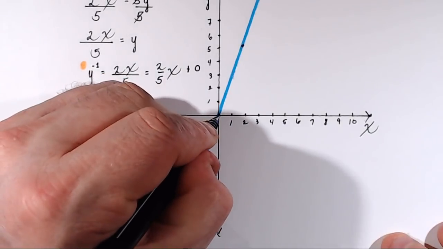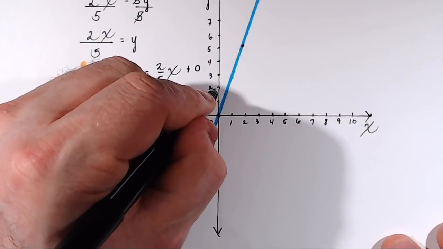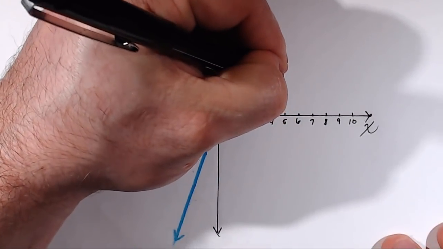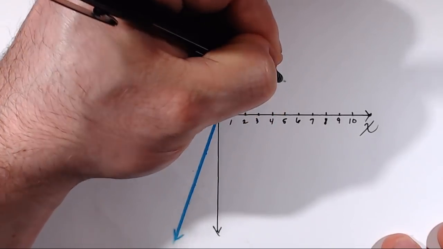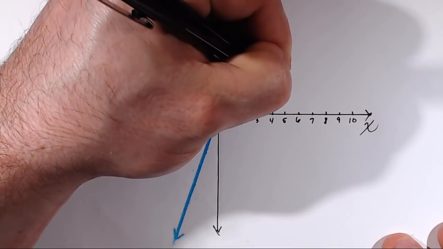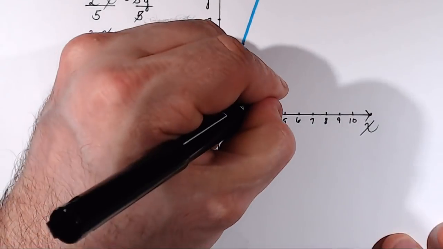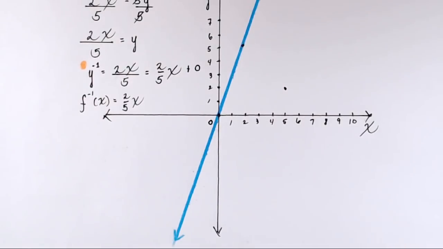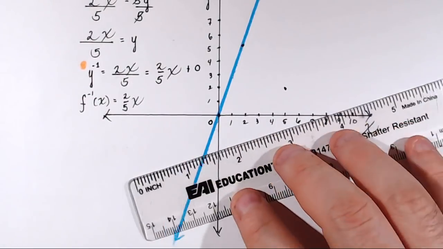So I start at 0, and I rise 2, and I run 5. So go up 2 over 5. Make sure I get this exactly right. Okay, so there's another point, and here's a point, and we'll connect them with the orange line.